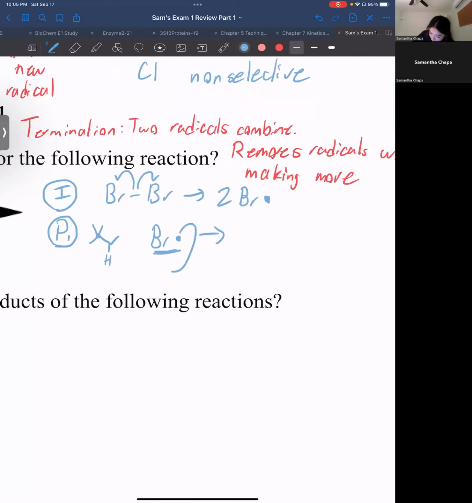Draw my half arrows. I'm breaking a bond and making one. Radical stays on my carbon-hydrogen chain.